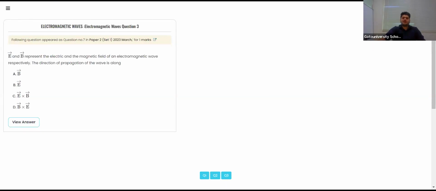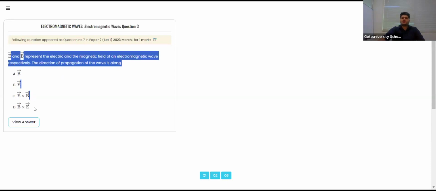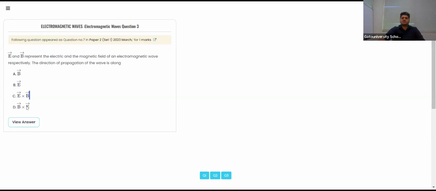It will be represented by vector E cross B. Option C will be the right option.